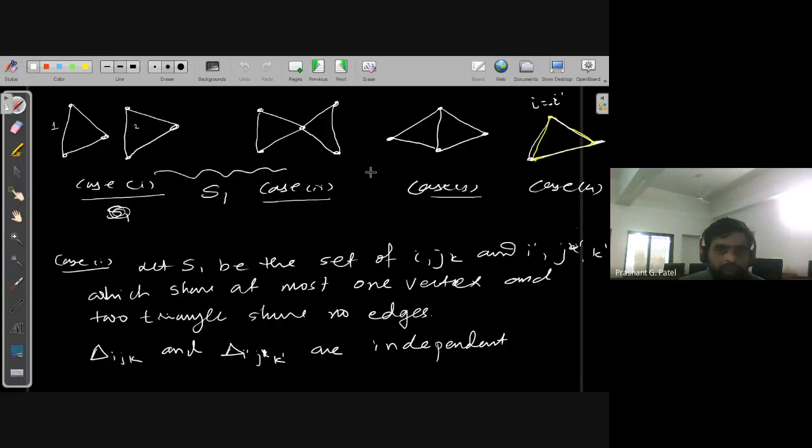So all these three situations are different. So here I'm just saying it is S2, that is case number 2, where S2 shares two common vertices and hence one edge. So if I choose this one edge, it will be a dependent event now. It is not an independent event.